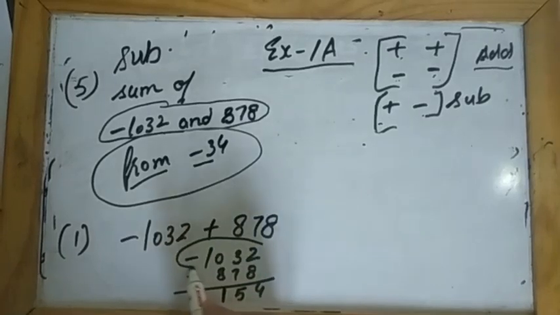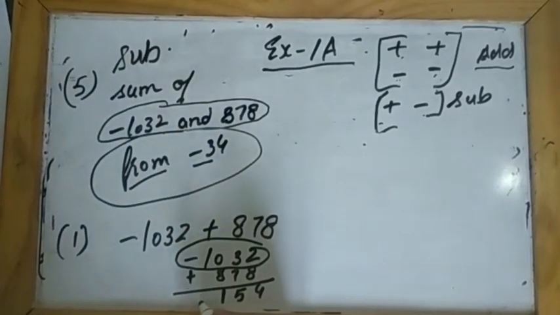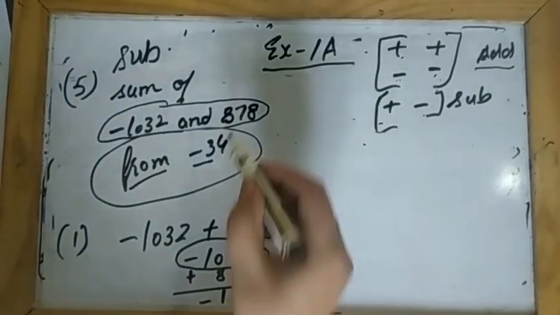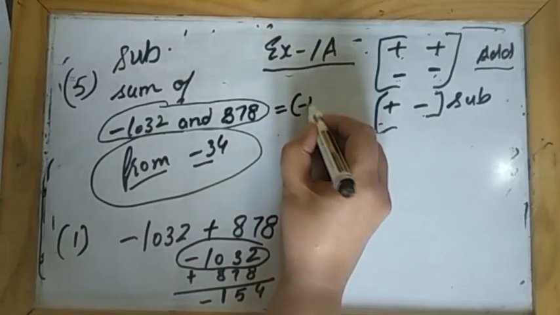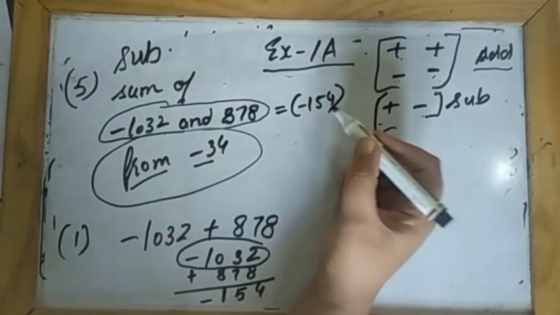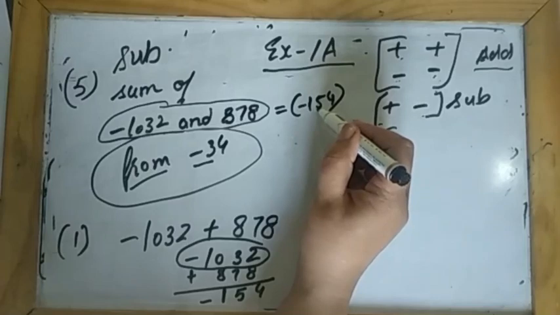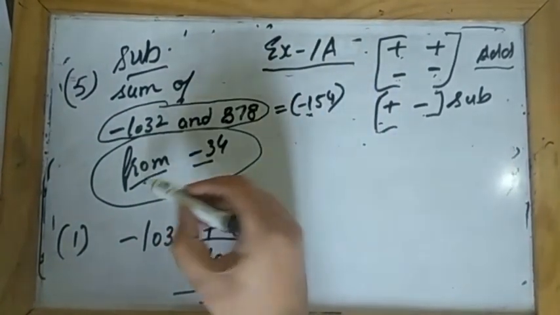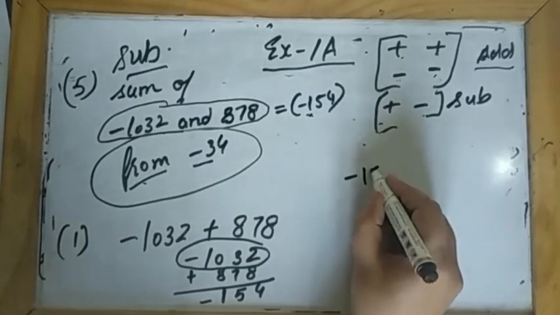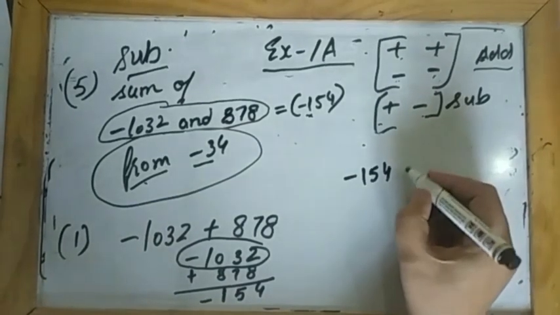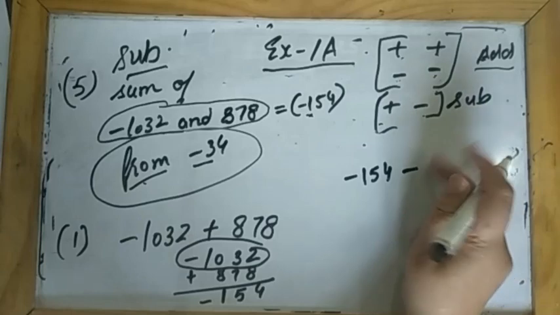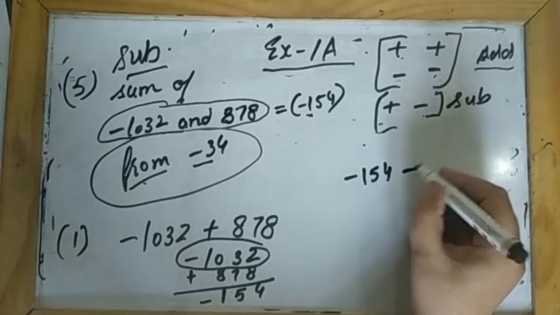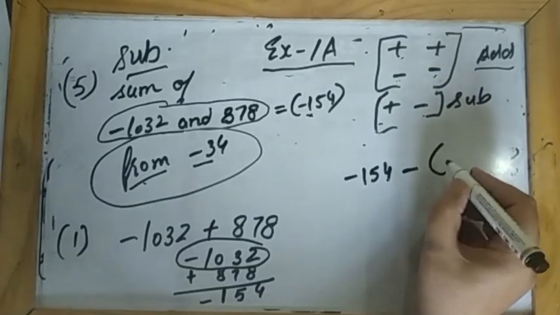The bigger integer is negative, so my answer will be negative. So it means the sum of these two numbers is minus 154. So this sum, they are saying subtract the sum of, which is this, from this. So it means minus 154 I have to subtract from minus 34.